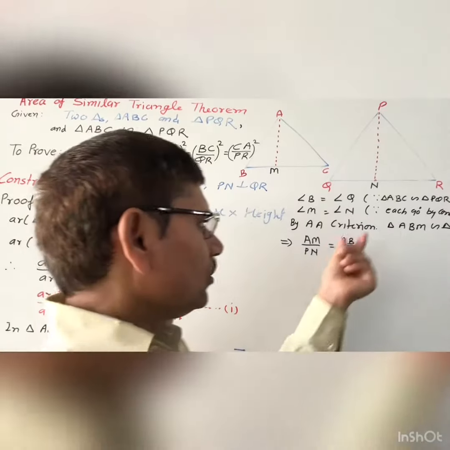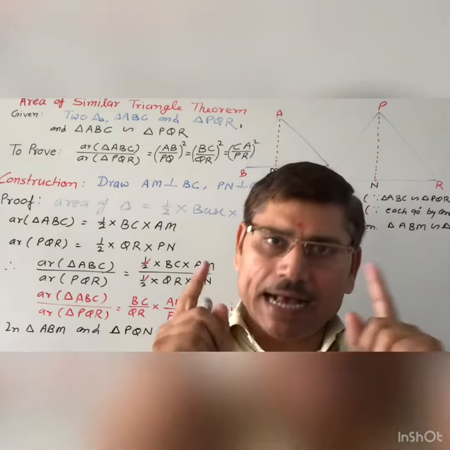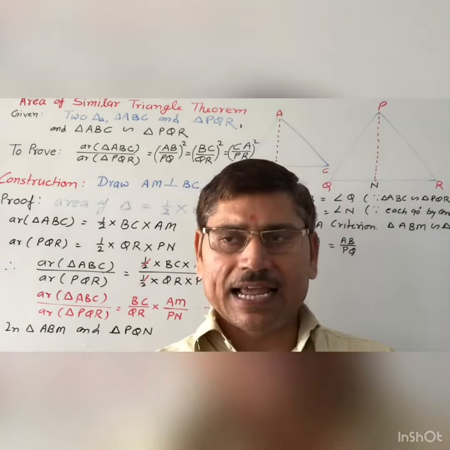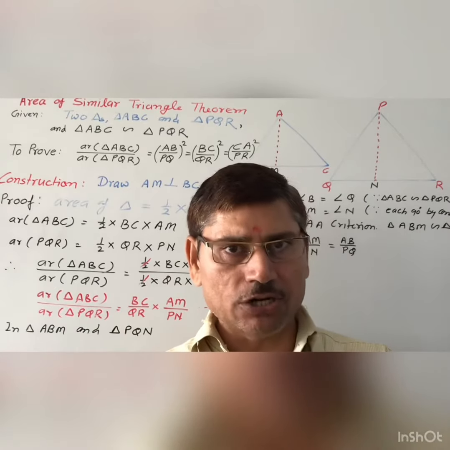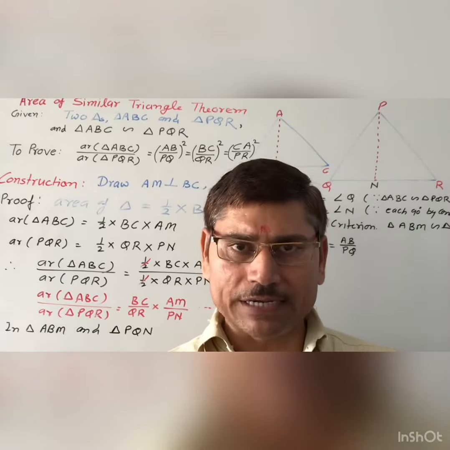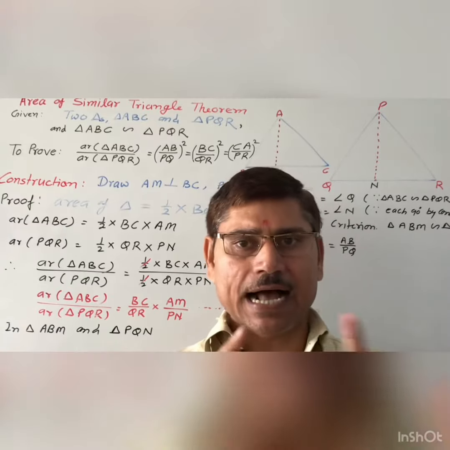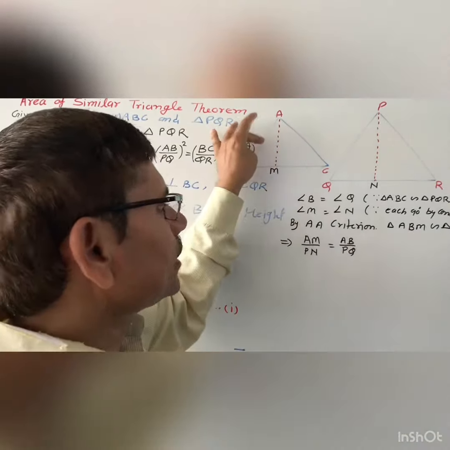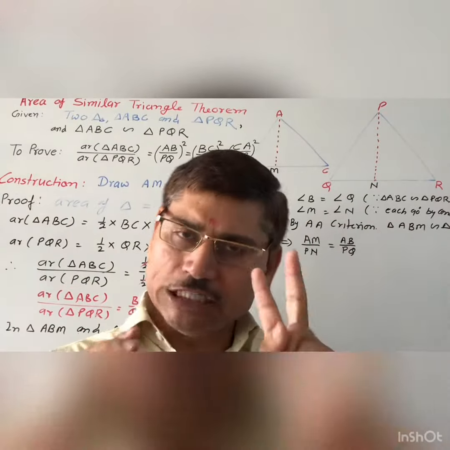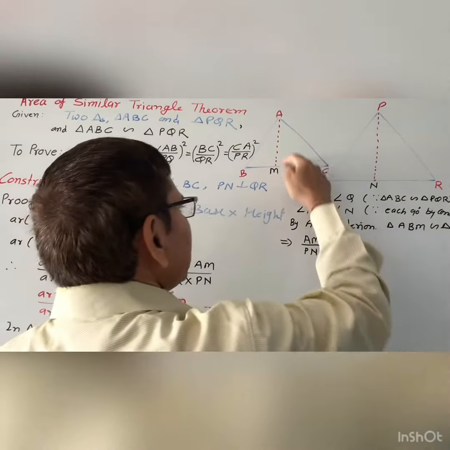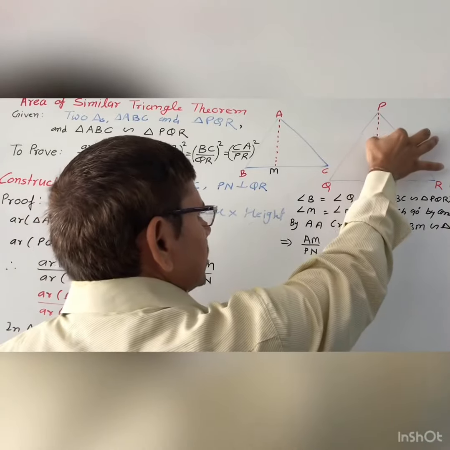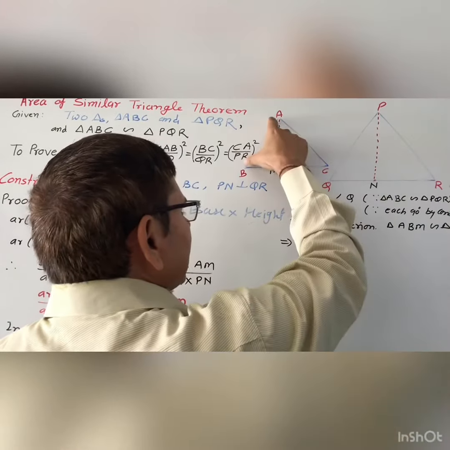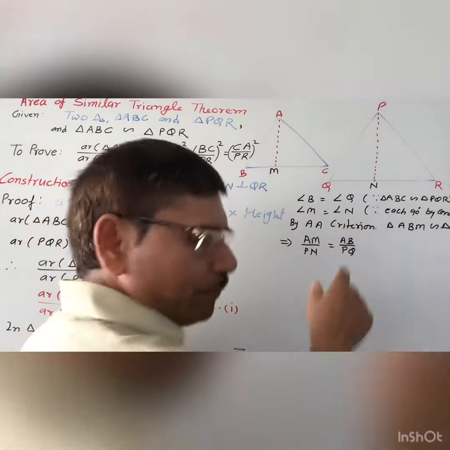Okay, if these two triangles are similar, then according to the definition of similarity of two triangles, their sides are proportional. So we will write only these two sides, not many sides, only two sides, that is AM upon PN and AB divided by PQ.